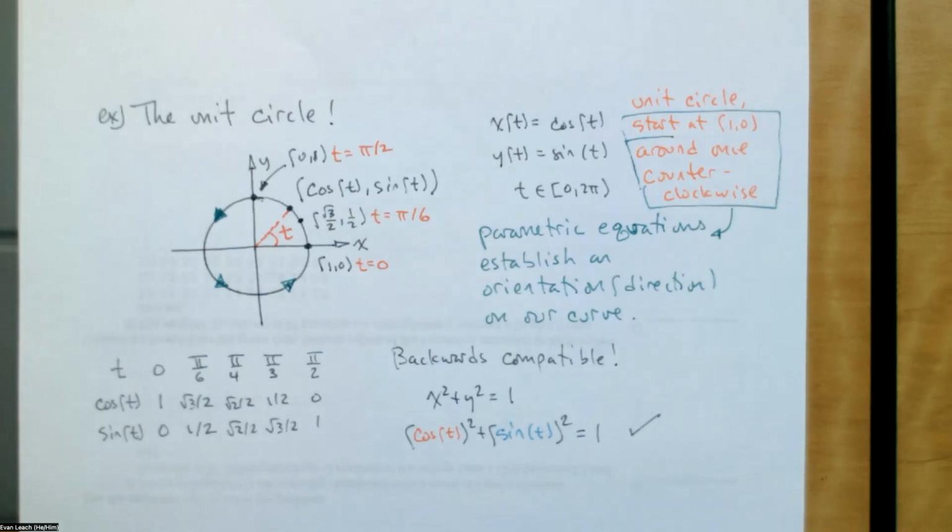So what we're doing is we're defining x and y independent of each other as functions of some parameter t that is not a coordinate. The other way that we want to make sure that this is backwards compatible is that if we have a function, can we parameterize a function?